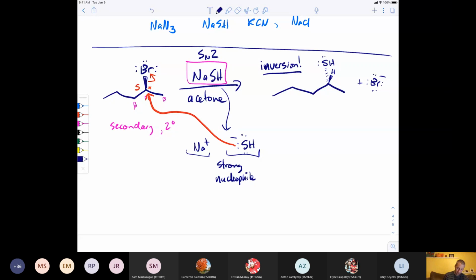And so our product is going to be our stereochemistry. Now, S doesn't always become R, and R doesn't always become S when you invert it. It depends on the relative priorities of what you're losing and what you're adding on. There are cases where it might go S to S, but there's always still going to be inversion, because S and R depends on what the groups are and what the priorities of those groups are.